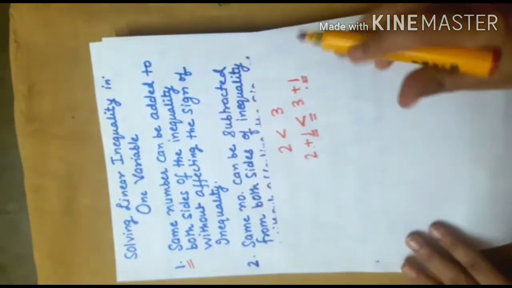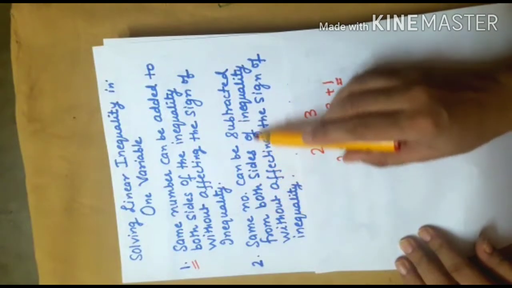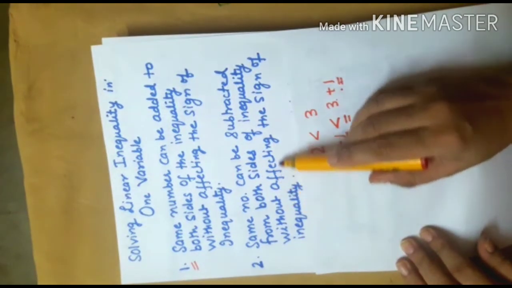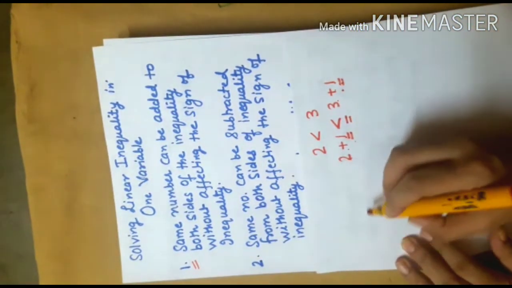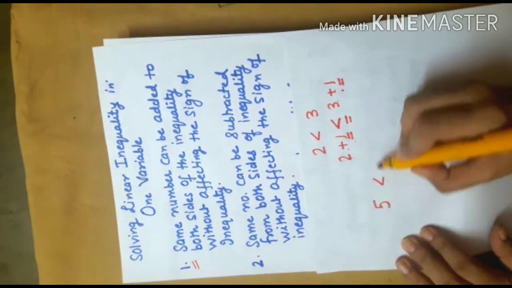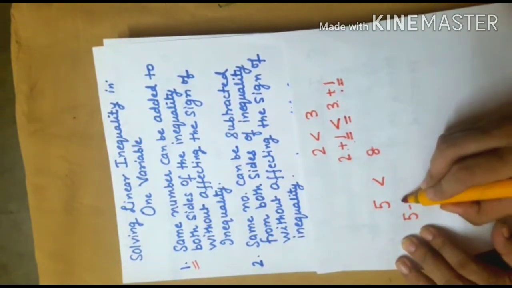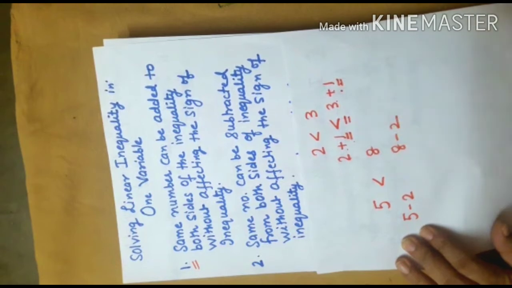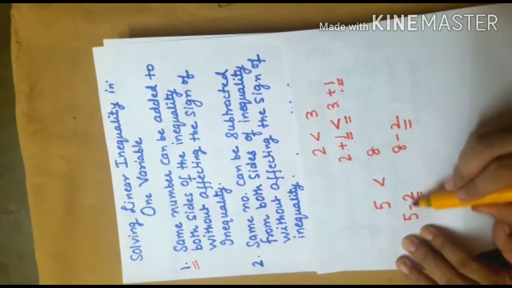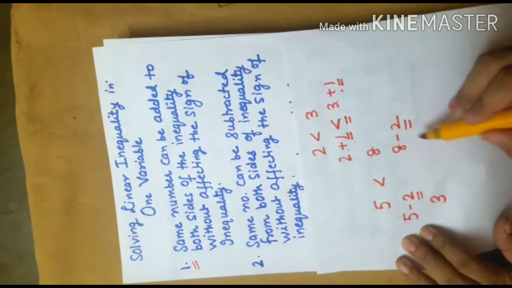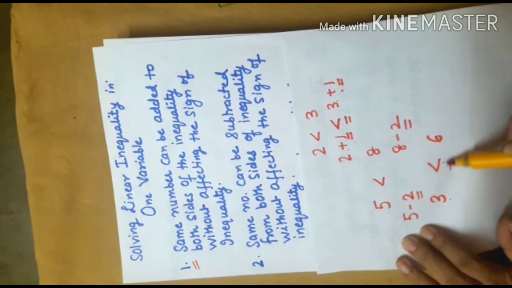Right? Similarly, the same number can be subtracted from both sides of an inequality without affecting the sign of inequality. That means if 5 is less than 8, and I subtract 2 from both sides, I have subtracted the same number from both sides. Then 5 minus 2 is 3, 8 minus 2 is 6. So still 3 is less than 6.